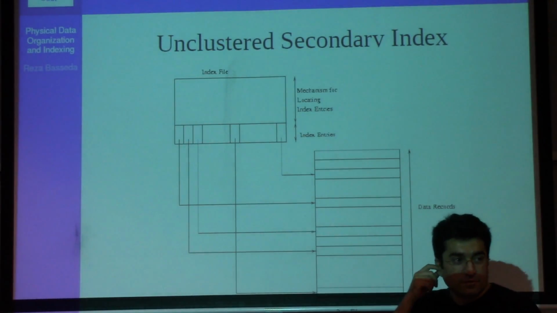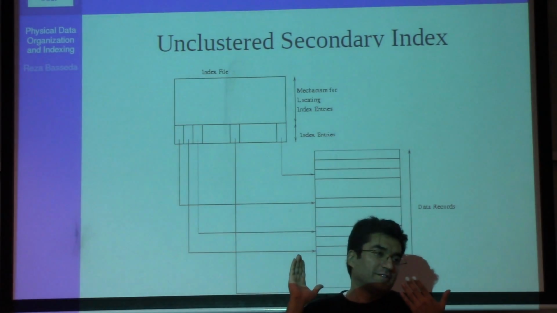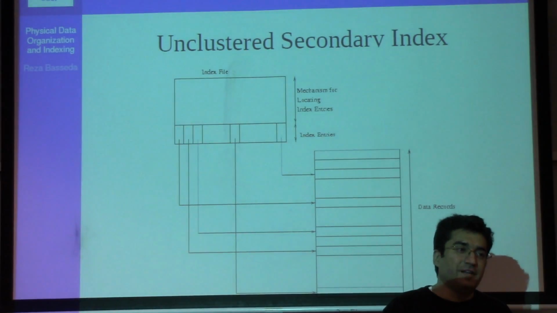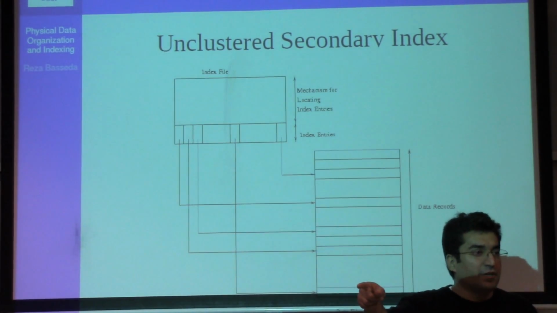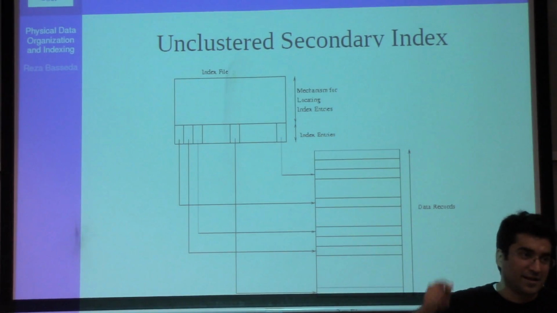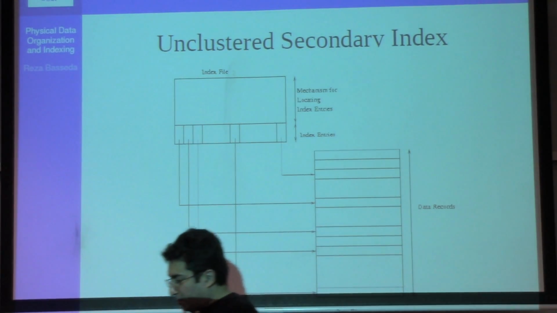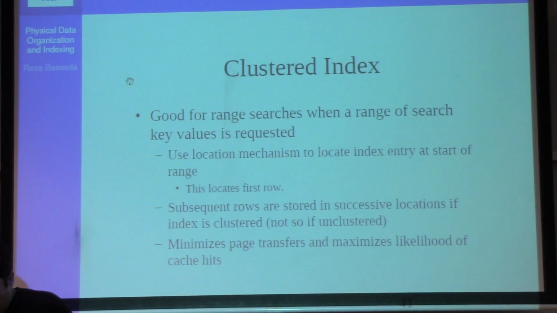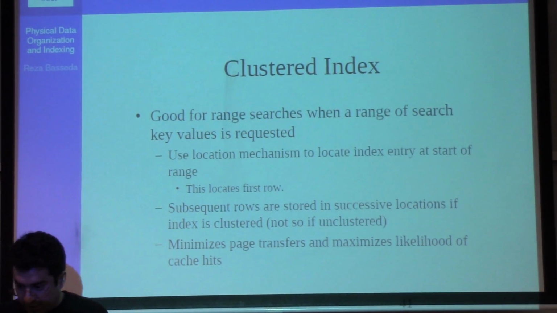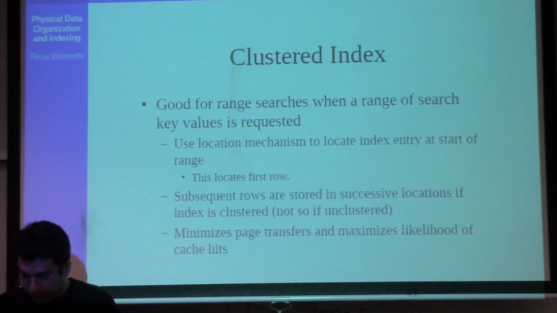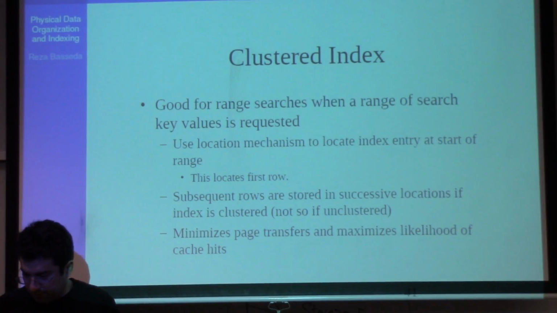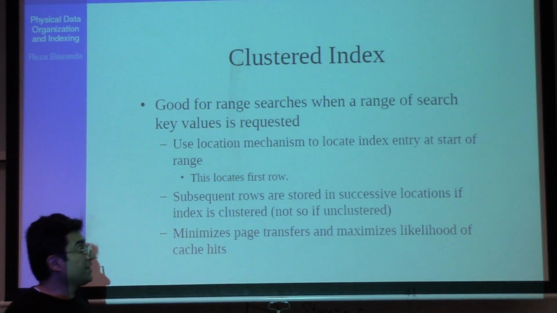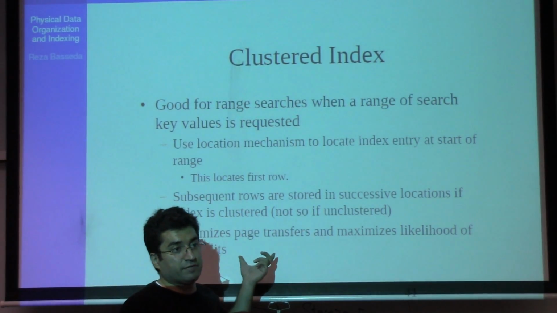Because there could be several of the same, and I don't have any clustering, so this index is not helping. But if you are looking just for the record of Inkata, then you can easily find it. So again, clustered indexes are good for range queries, and also clustered indexes minimize the page transfers.